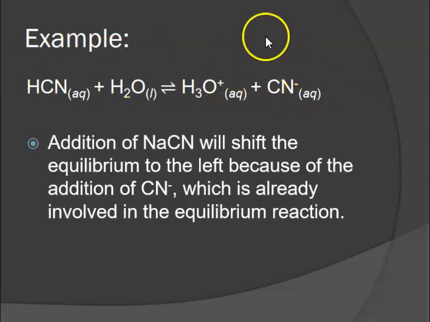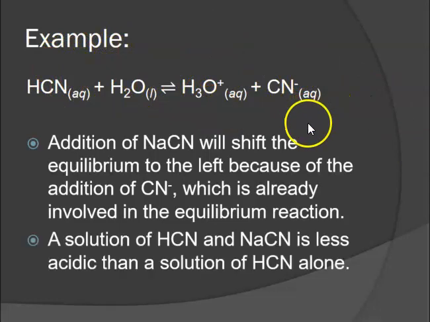That extra cyanide is going to consume some of this, so that's going to drop, and then these are going to go up. That's what we mean by a shift to the left. And so what we see is that a solution of sodium cyanide in HCN is actually going to be less acidic than the hydrocyanic acid by itself. Common ion.